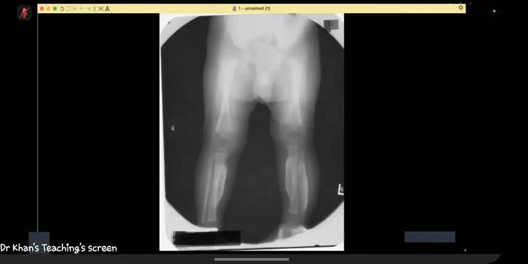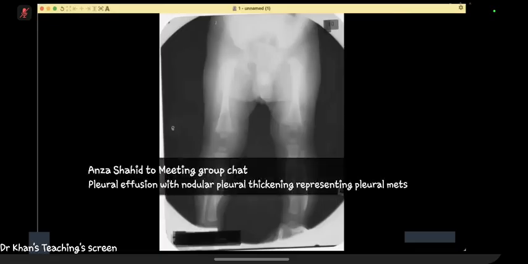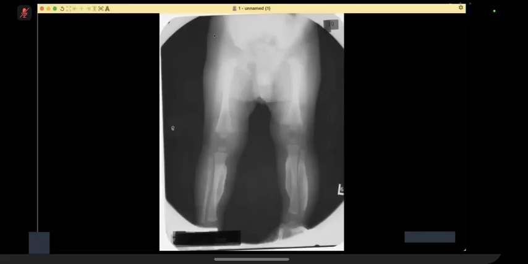There are abnormal confluent periosteal reactions seen involving the diaphyses of both tibiae and the left fibula as well. The periosteal reaction does not extend to cover the epiphysis. It's only on the diaphysis. The bone density is maintained. There is no loss of bone density.